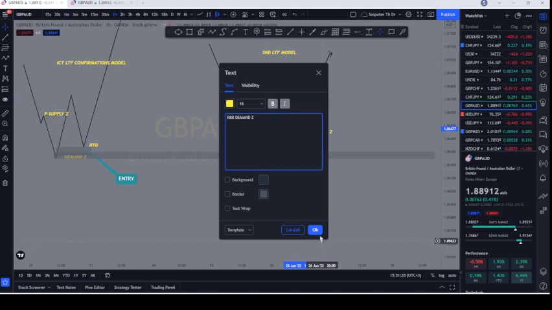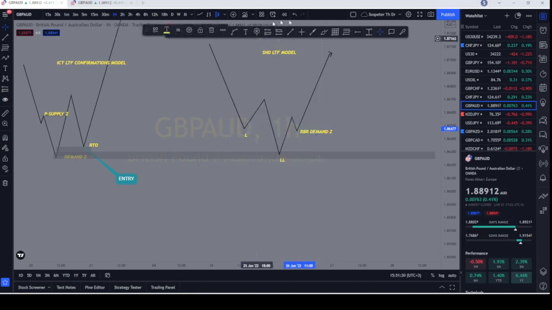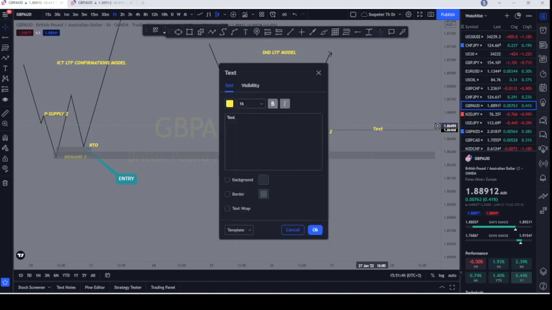For the S&D, we call this the QM level. This is the QM level also, the head and shoulder thing I always talk about.